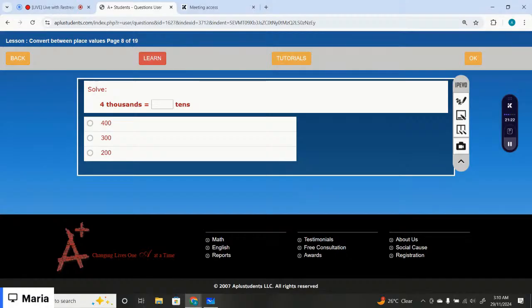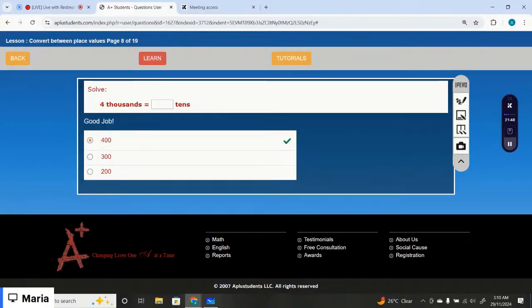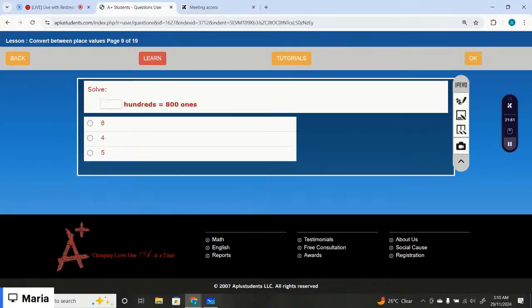4,000s equal how many tens? 4,000 equal 400 tens. Option number 1 is the correct option. 800 ones equal how many hundreds?